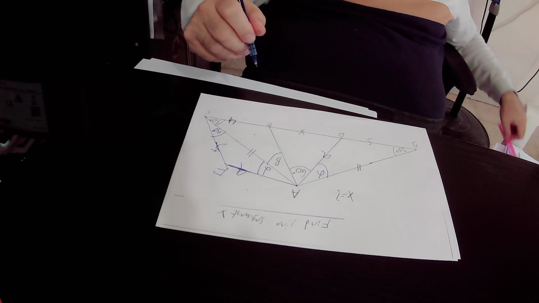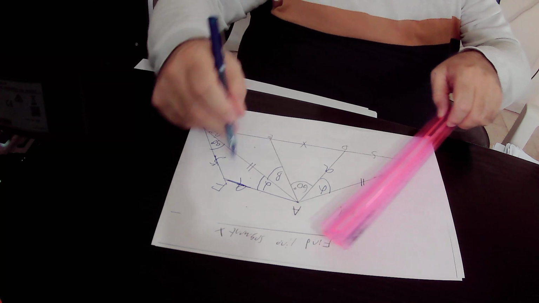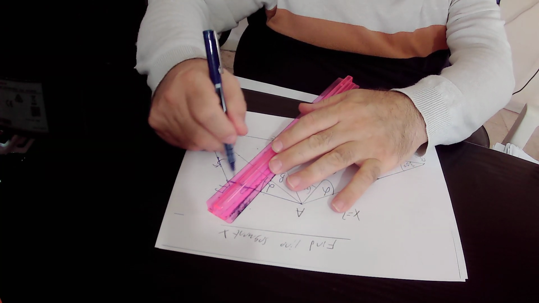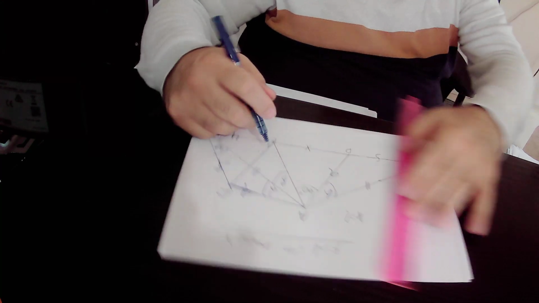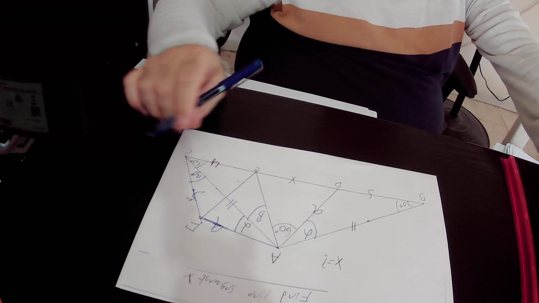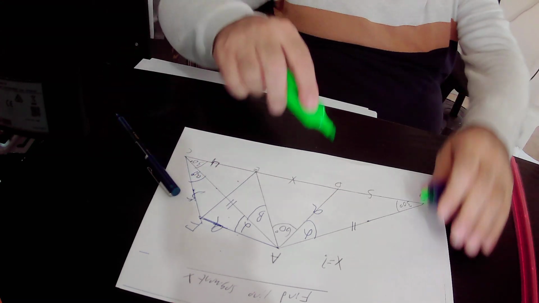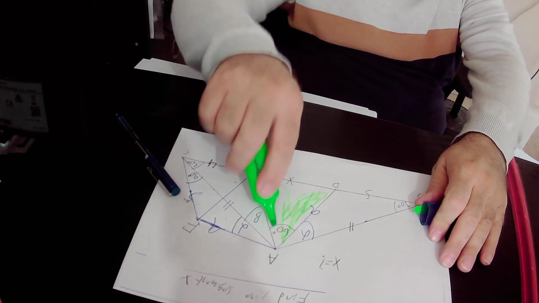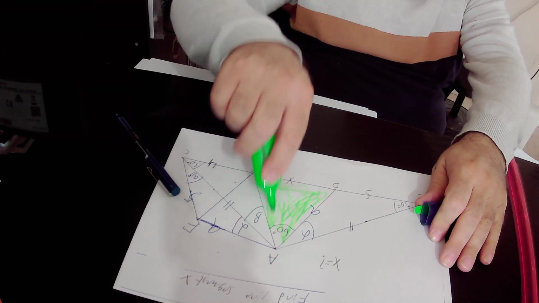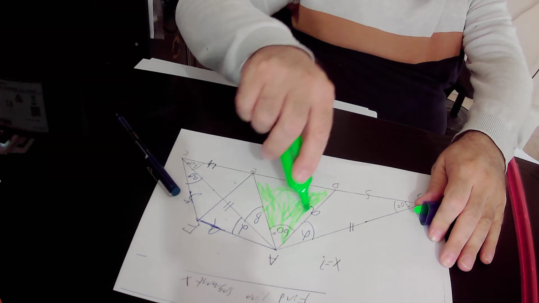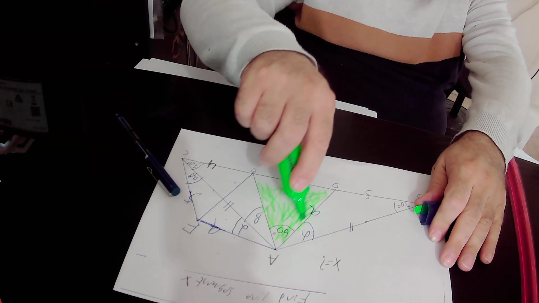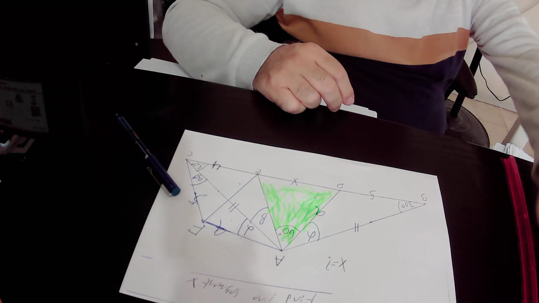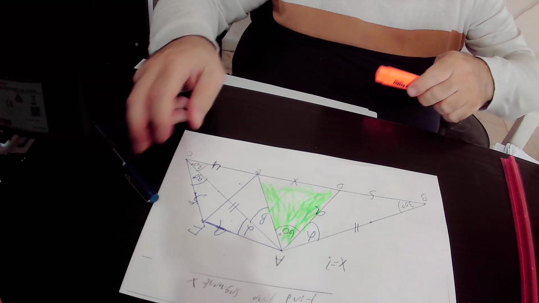In the next step, we will join points E and F together by a straight line, and we will prove that the green triangle, triangle ADE, is congruent to the orange triangle, triangle AEF.